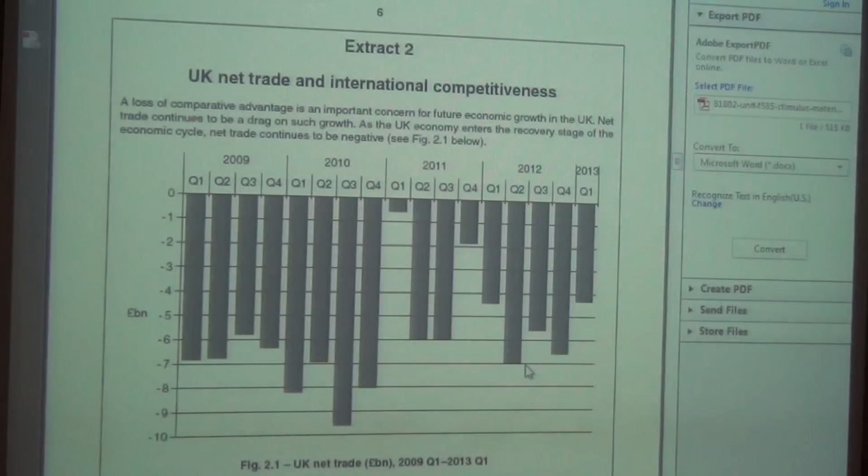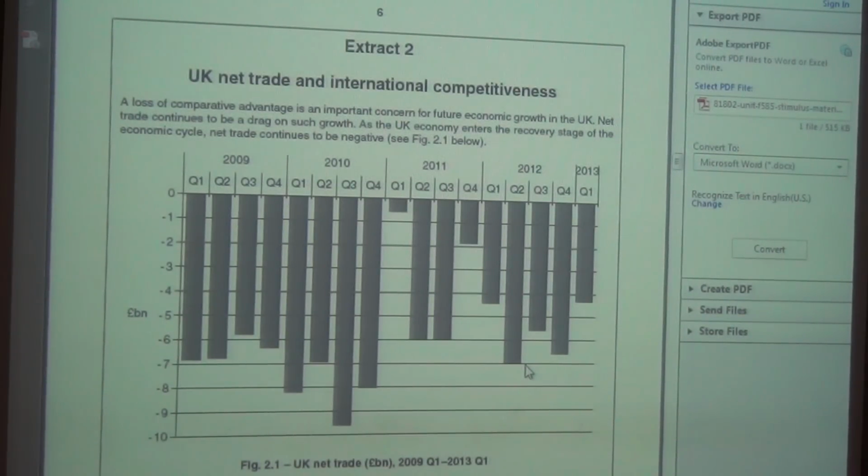So in the first half we've got this little section on UK net trade and international competitiveness, and a nice chart there showing the quarterly values for the UK trade position since 2009 through to quarter 1 of 2013.